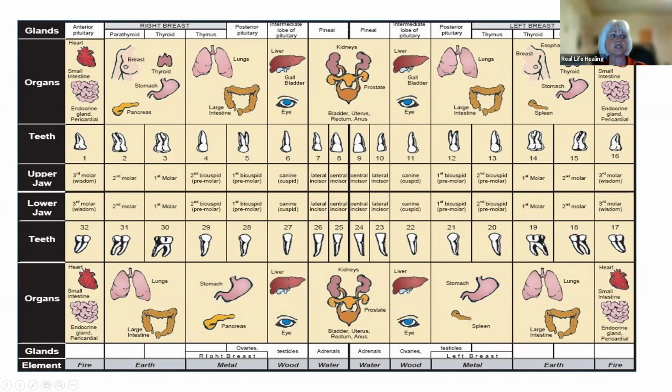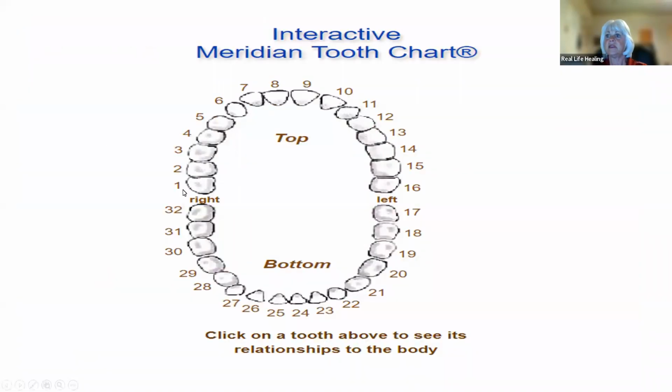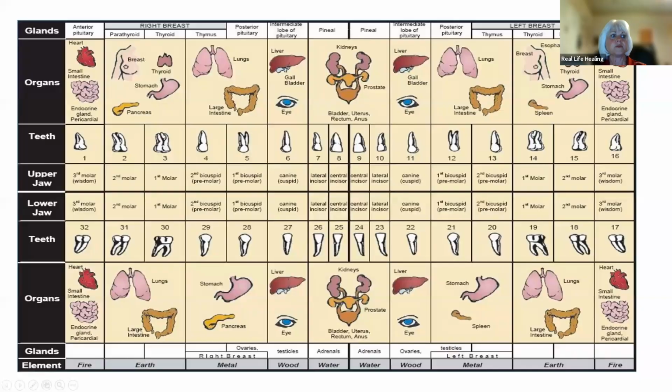Let's go back just for a second. Here we've got our upper and our bottom, and our left and our right. Look at the organs that are connected to each tooth. Now, I'm not going to go through all of this, but I'm going to show you slides, and I'll probably go through it fairly quickly.